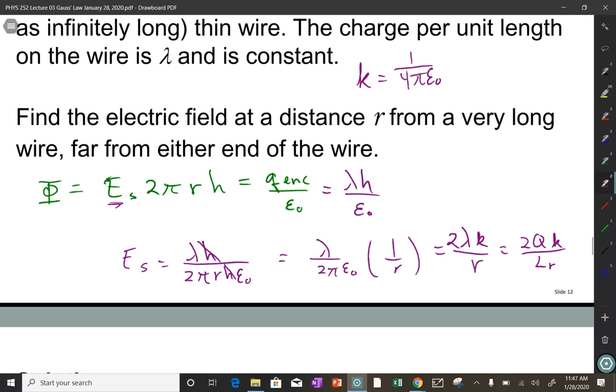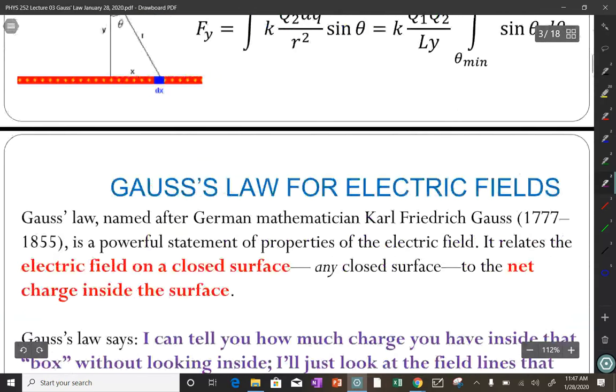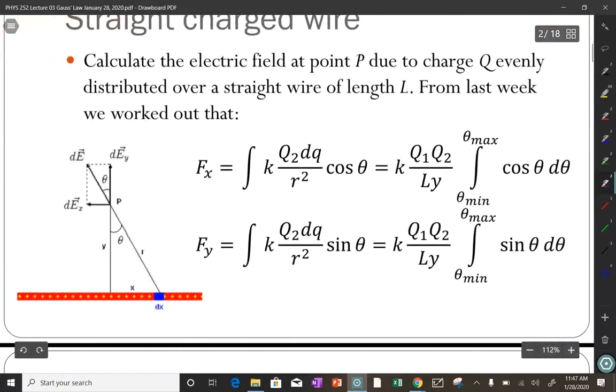Now if we go back to that opening slide, there it is. Remember I said this is just going to give us 2 if we have an infinite wire. And this was 4, so we just cancel one of the charges to make it electric field.